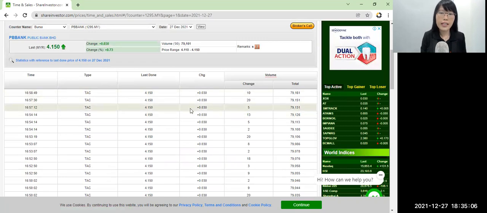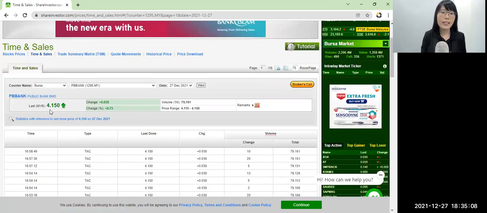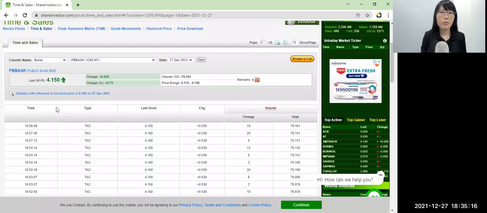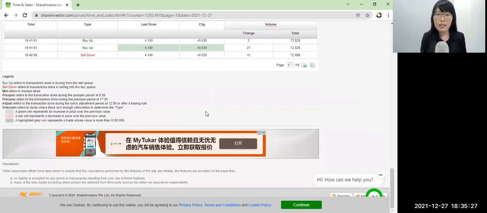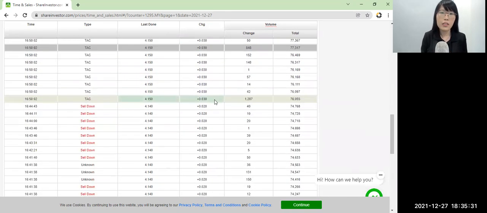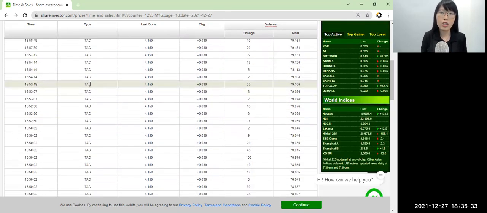So you will see Public Bank is up today, and its last price was at 4 ringgit and 15 cents. The times and sales will provide you the data of the trading day, how many sales have been done. There are 18 pages, okay? And this one shows you after the market close.